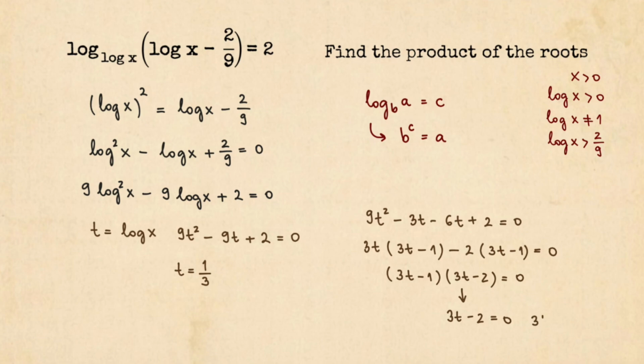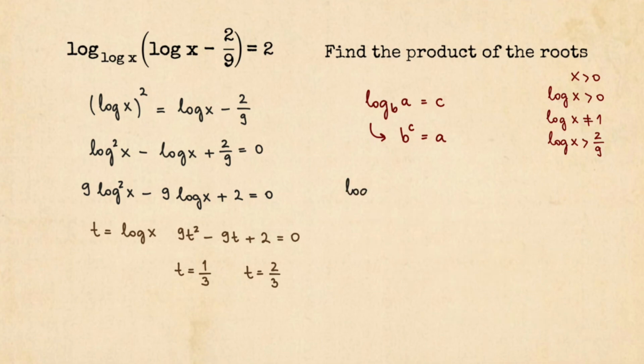This gives us two possible values for t, and they are 1/3 and 2/3. Now we substitute log x back in. We have log x equals 1/3 and log x equals 2/3.